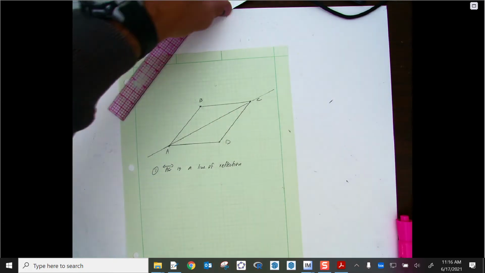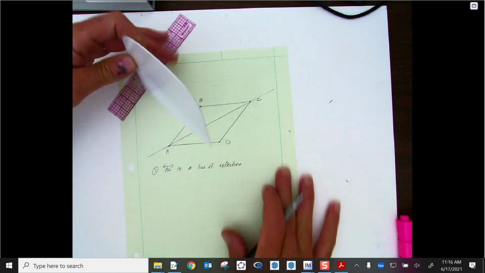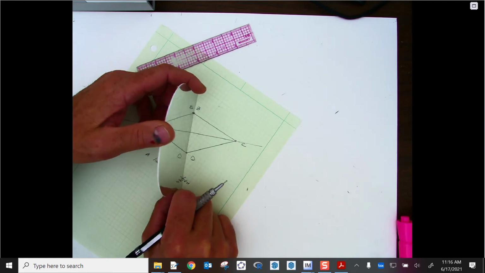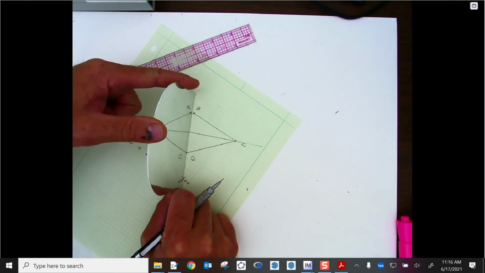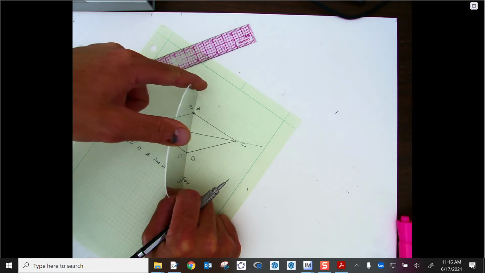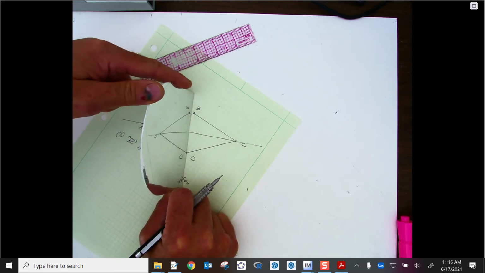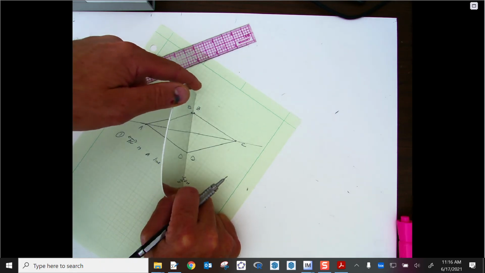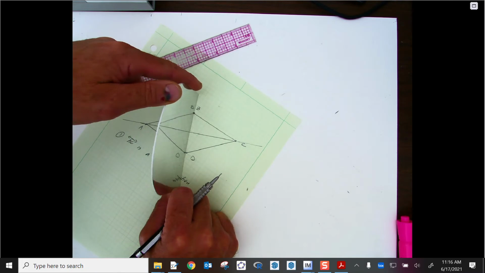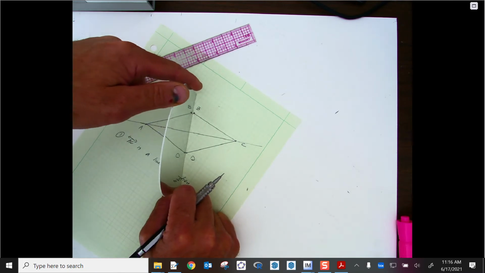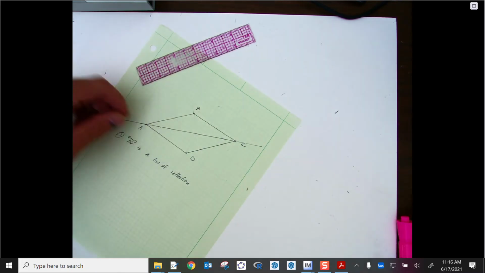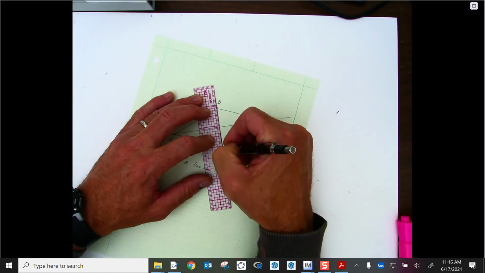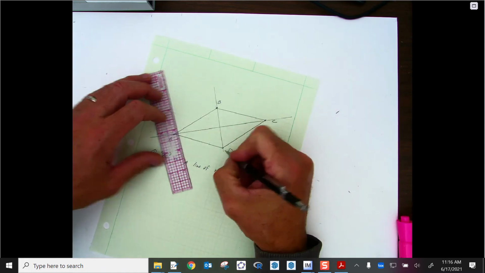If I pull out my handy dandy mirror, hopefully you can see that that seems to be the case. We get a nice reflective overlay. There you can see C upside down on top of A. Kind of hard to see in this view, but through inspection we could say that BD is a line of reflection.